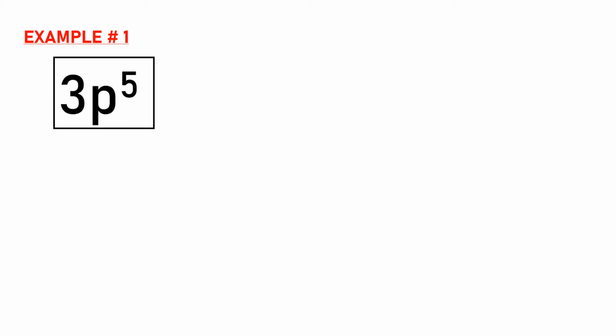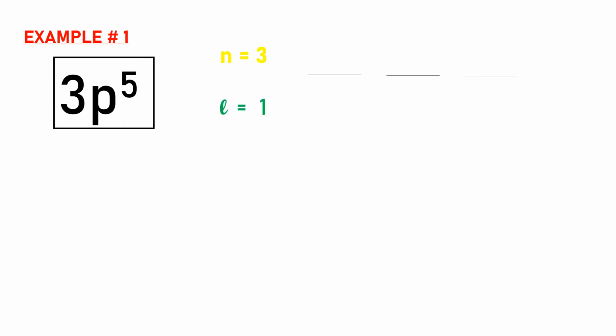Next, let us have now our example in order for you to better understand this concept of quantum numbers. Actually, this is easy, so you just need to listen well. So let us have our example number 1, 3p5. The n here is 3. So you have 1, 2, 3 orbitals.